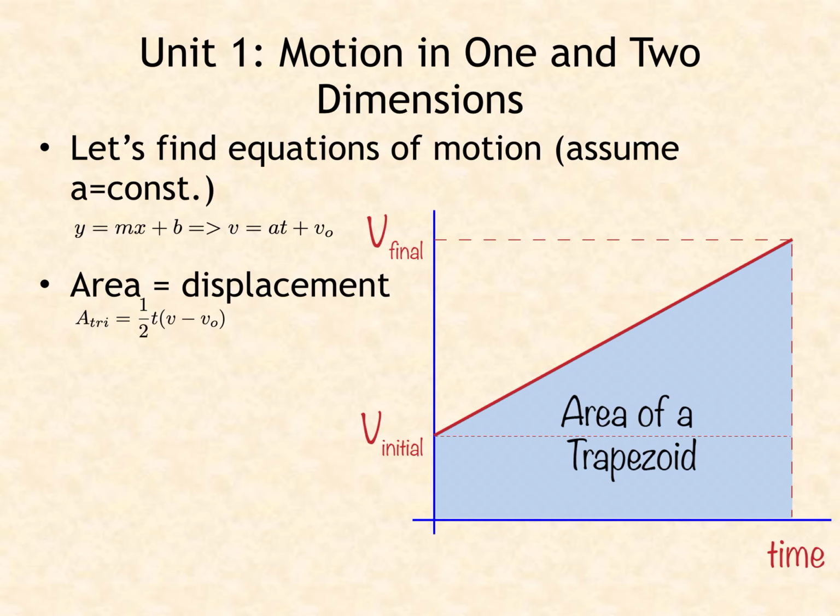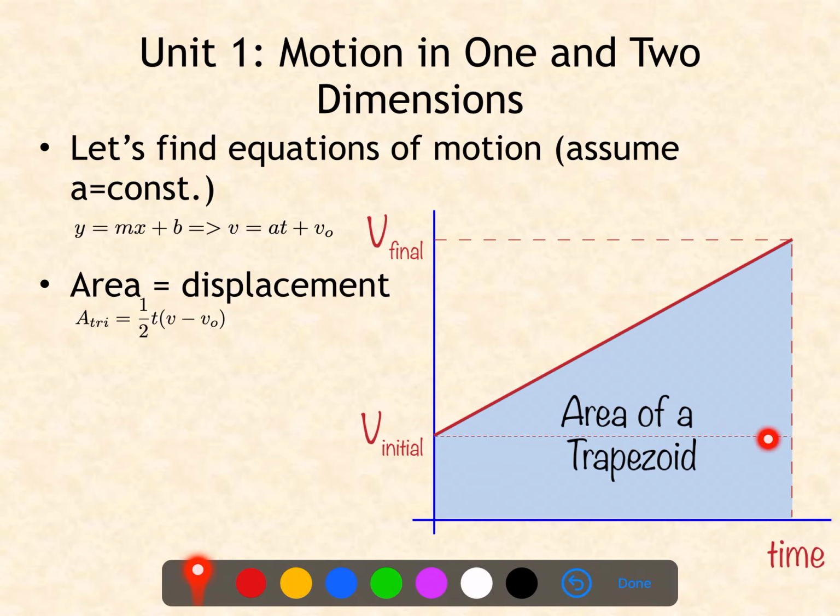So the base in this case is going to be this time, right, across the bottom here. So I'm talking about this triangle here. Okay, the area of it is going to be 1/2 of the base, which is your time that has passed from 0 till time t. And then your height is going to be your final minus your initial, v minus v naught. Okay, so 1/2 of this times this should give me the area of the triangle.